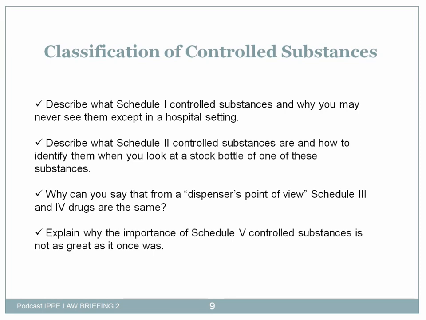It was a fairly large category of drugs, including cough syrups containing codeine and anti-diarrheal medications containing opium. And there are restrictions on the sale of these drugs, many of which are no longer on the market. So the importance of that particular aspect of Schedule 5 is not as great as it once was. There are some drugs in Schedule 5 that are prescription-only drugs, so it is still important to be aware of the restrictions that apply to Schedule 5, but it is not as important as those drugs once were.